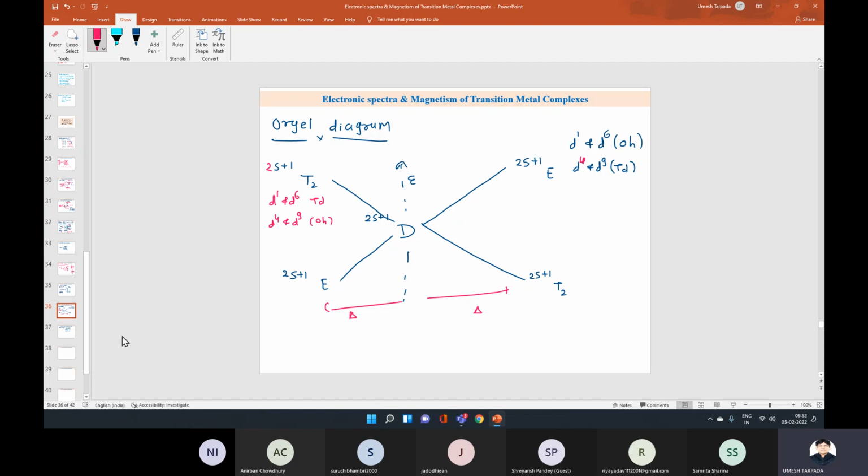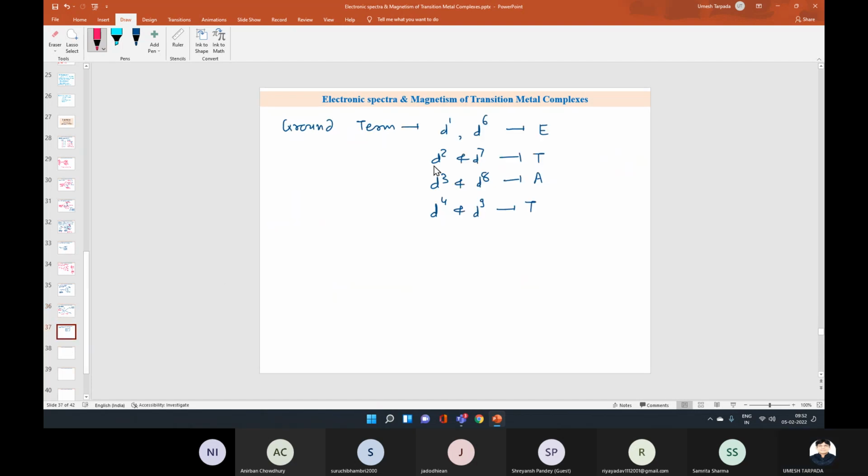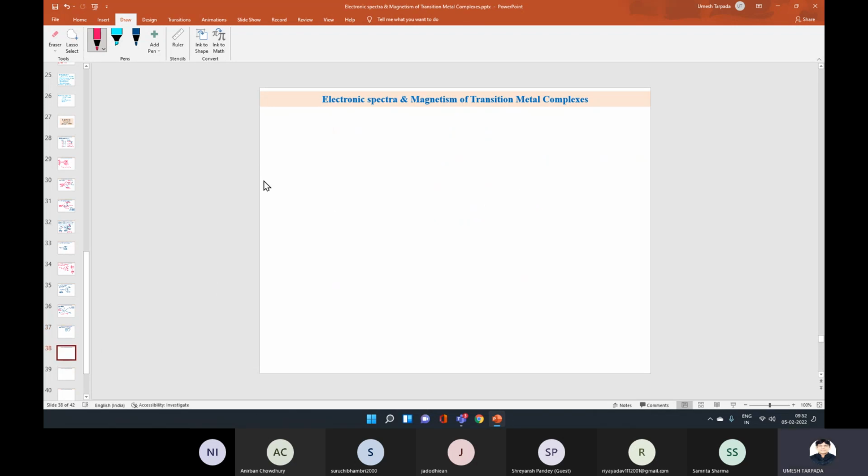D2 और D7 में जाओगे तो उस केस में क्या होगा? D2 एंड D7 में ग्राउंड टर्म T है, तो D2 एंड D7 configuration, what happens? इसमें टर्म कौन सी आएगी पहले वो देखते हैं। कौन सी टर्म आएगी?